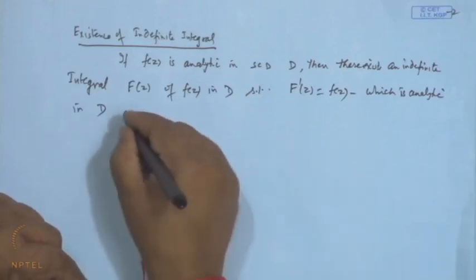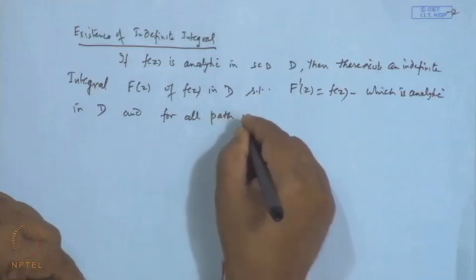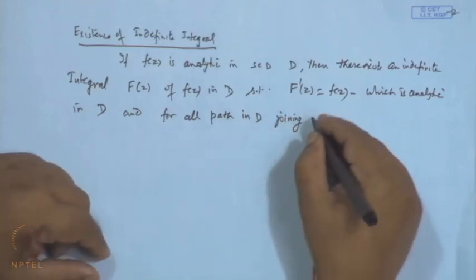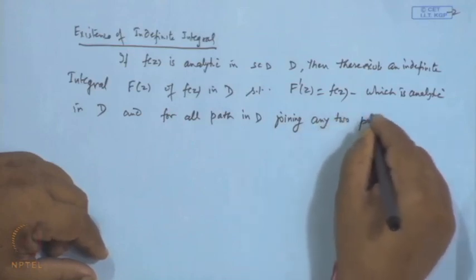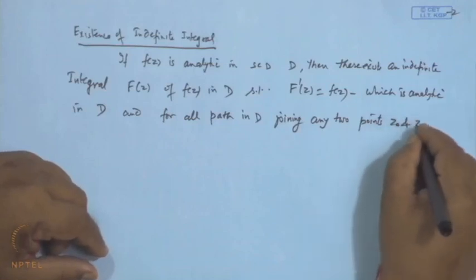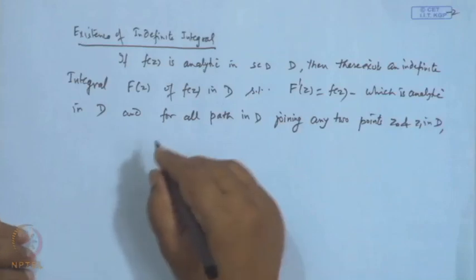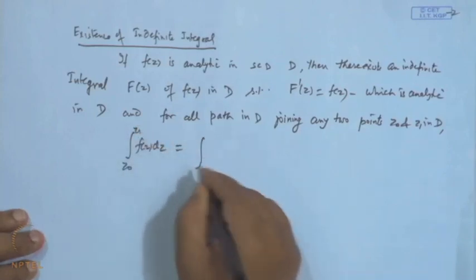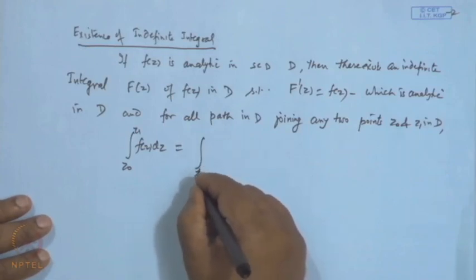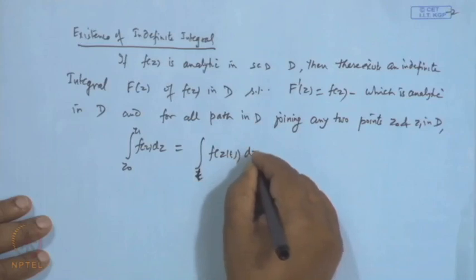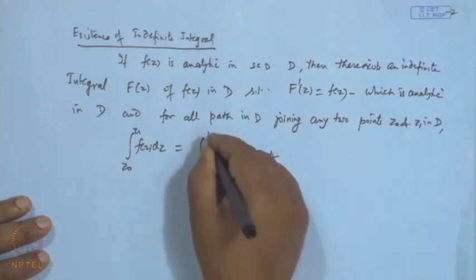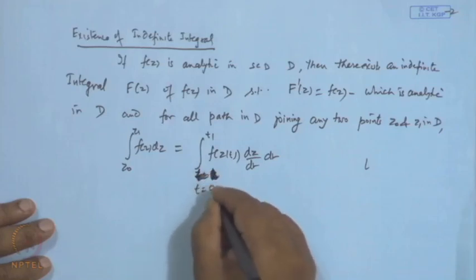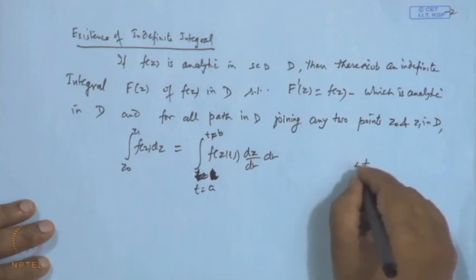And for all paths in D joining any 2 points z naught and z 1 in D, the integral of f(z) dz from z naught to z 1 can be evaluated with the help of the integral of f(z(t)) dz by dt, when t varies from a to b.